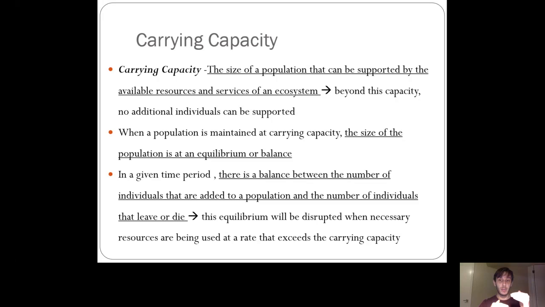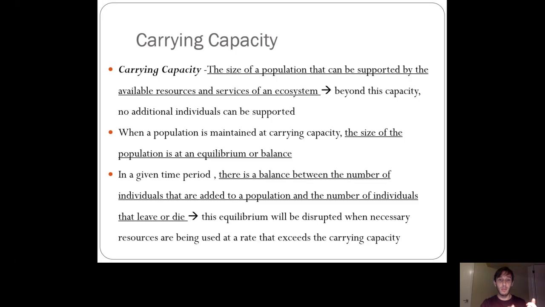It means, yes, the population in general is staying at the same number, okay, but it's only because individuals are dying at the same rate that they're born. Okay. Now, that means the number of individuals stays close to the same, but that means individuals are dying and are being born.